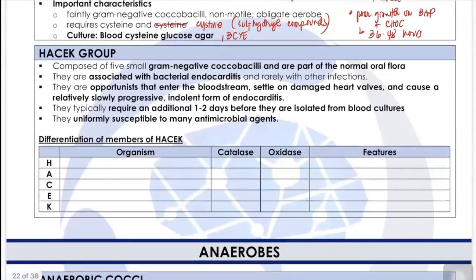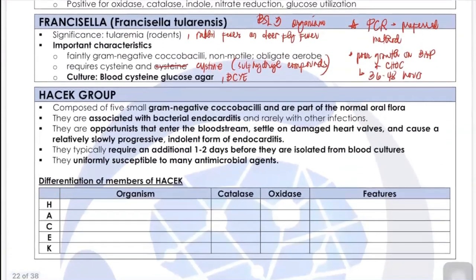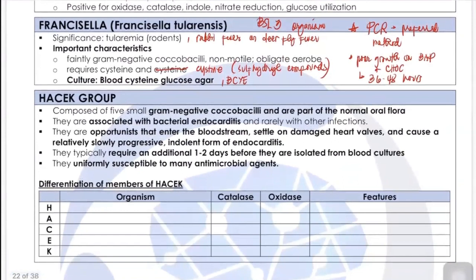Next, and last for our gram-negative bacilli, we have the HACEK group. The term HACEK stands for the five members of this group. They are small gram-negative coccobacilli, part of the normal oral flora, and commonly associated with bacterial endocarditis.